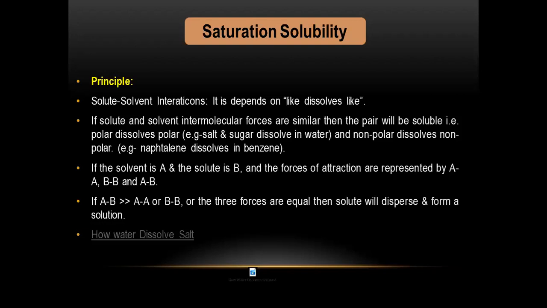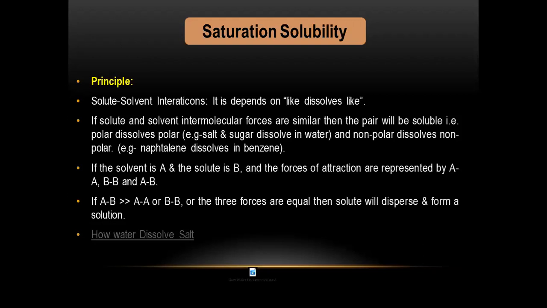So if the solvent is considered as A and the solute is considered as B, the forces of attraction are represented by AA, that is, the force of interaction between the solvent molecules is AA, the force of interaction between the solute molecules is BB, and the force of interaction between the solvent and solute molecules will be represented as AB.